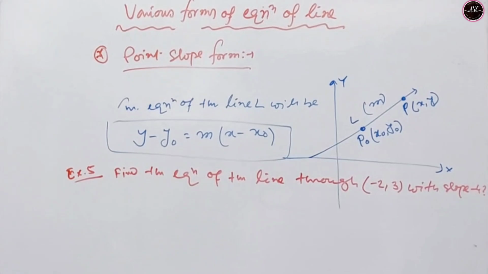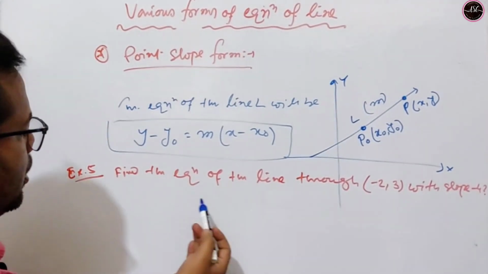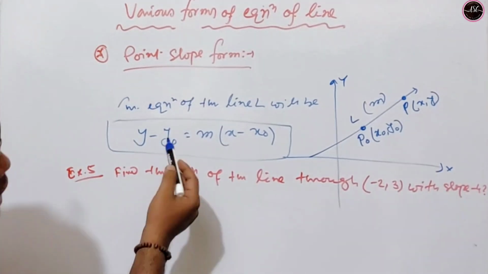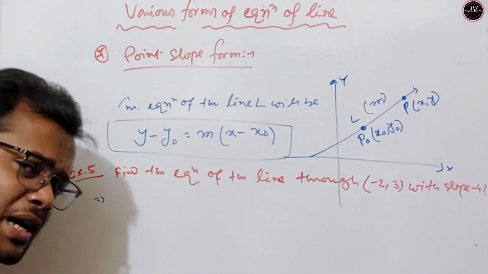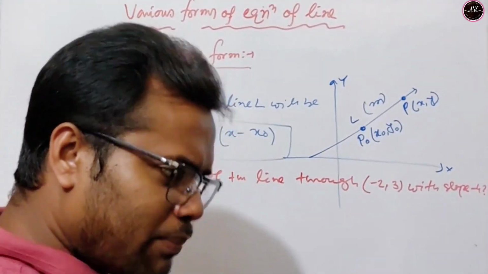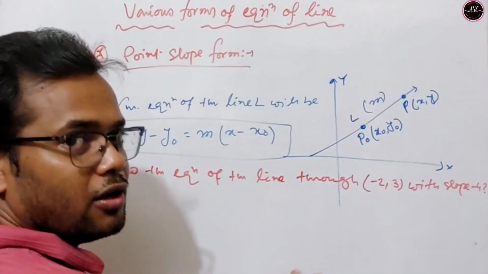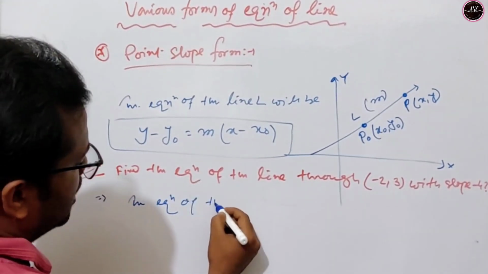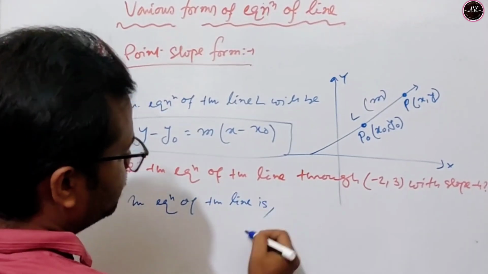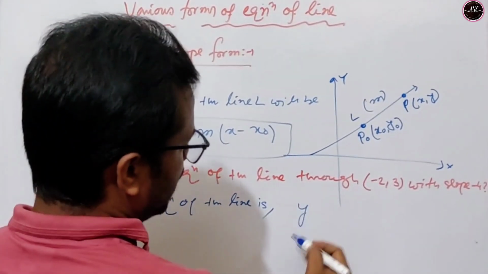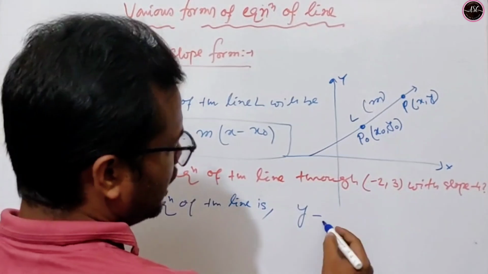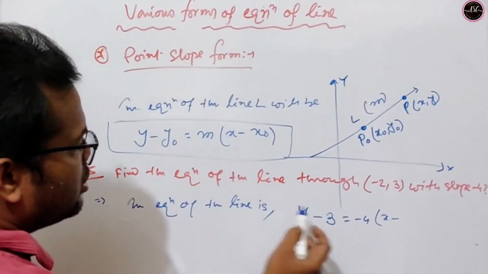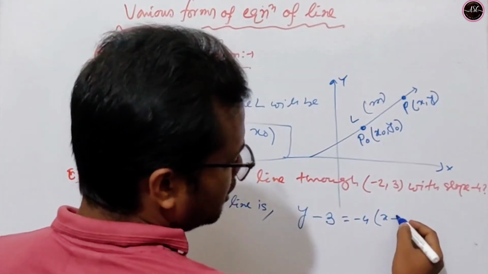Point slope form. Now look at this question. Find the equation of the line through minus 2, 3 with slope minus 4. So we use this formula. If the slope is given and the line passes through a point, the equation is y minus y0 equal to, here y0 is 3, m equal to minus 4, x minus x0, where x0 is minus 2, that means minus minus plus 2.